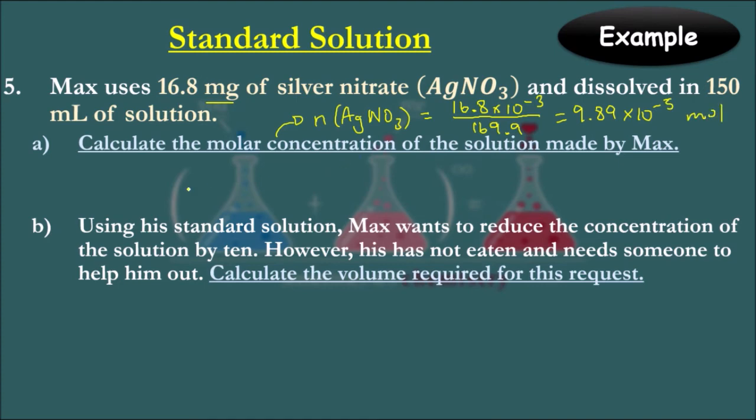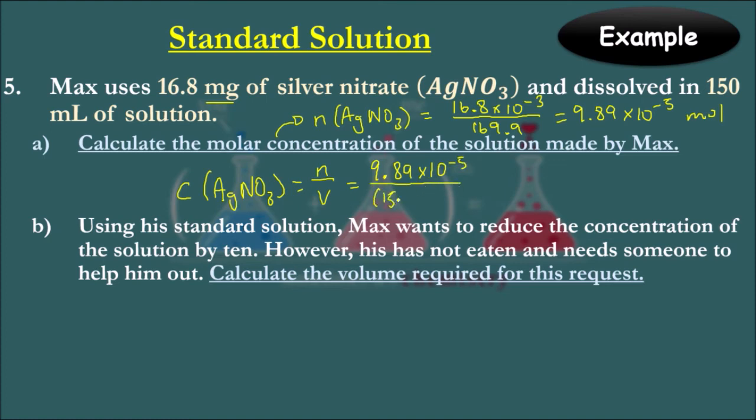Okay. Now what I want to find is the molar concentration. So AgNO3, number of moles over volume. The number of moles I have, 9.89 × 10^-5, divided by the volume that we have.